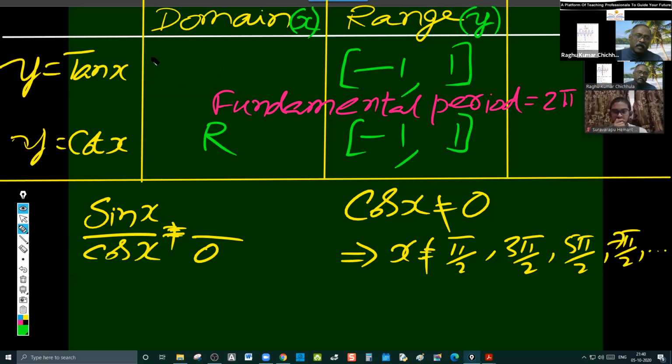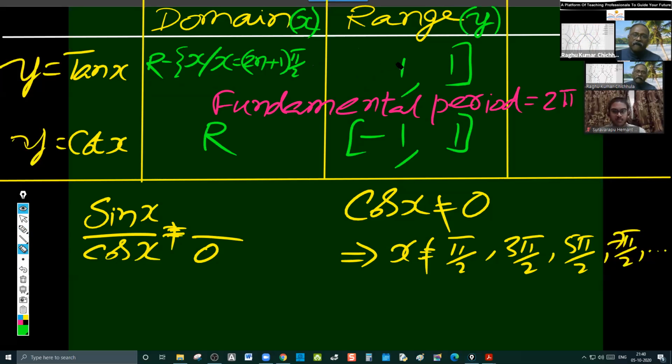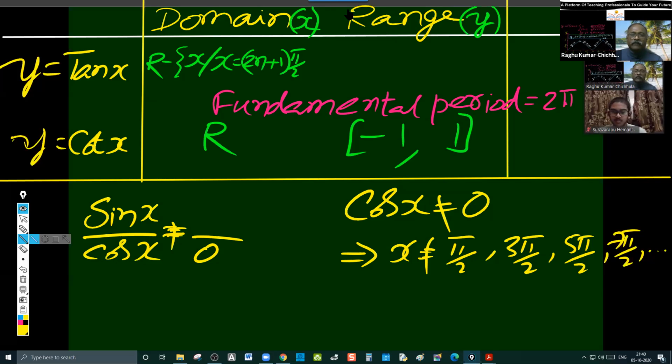That is R minus x such that x is equal to (2n plus 1) into pi by 2, n belongs to Z. N belongs to Z means it is an integer. Any integer.